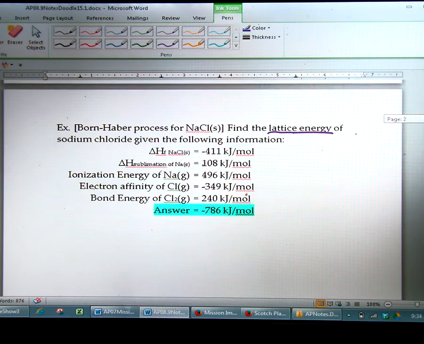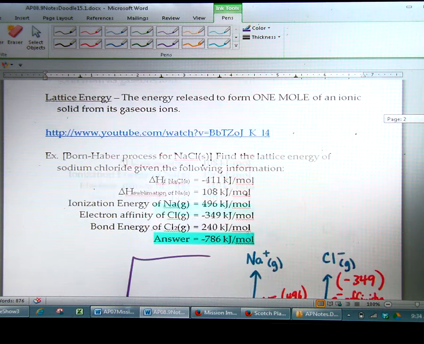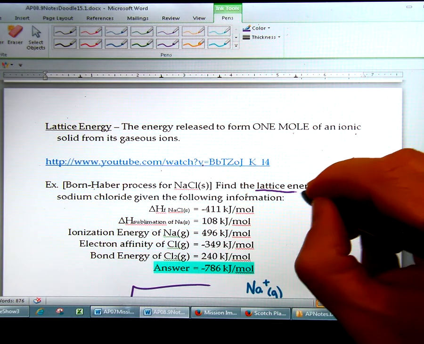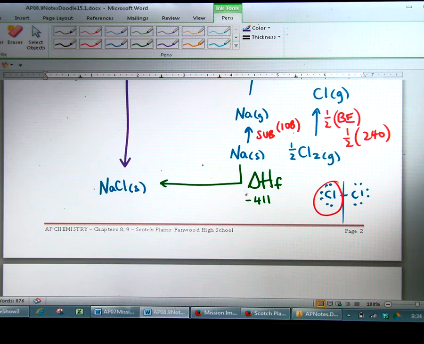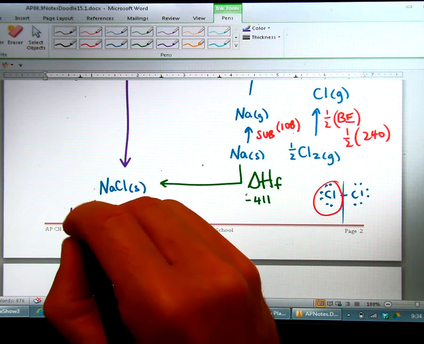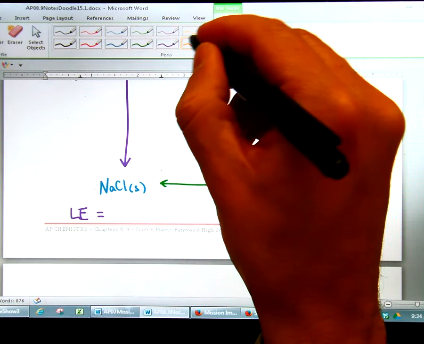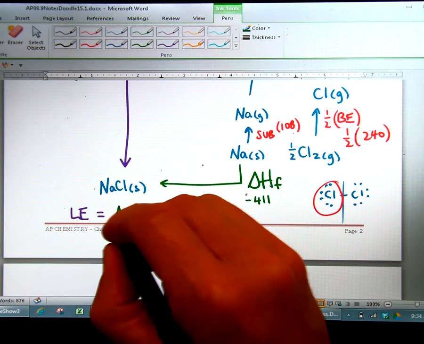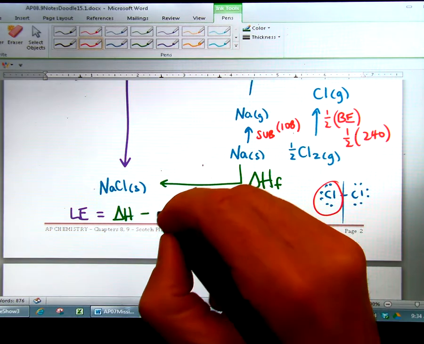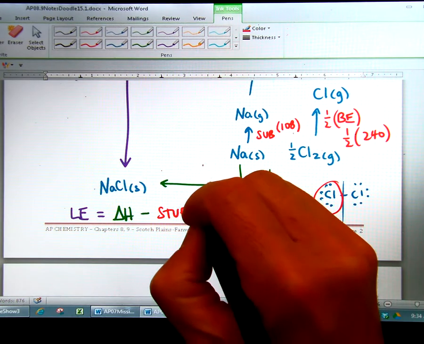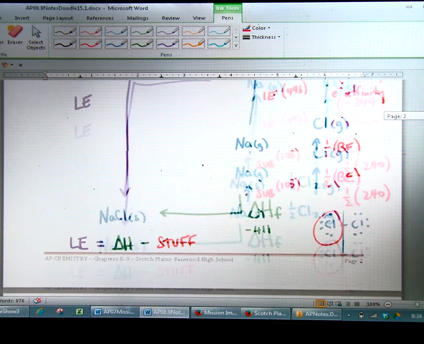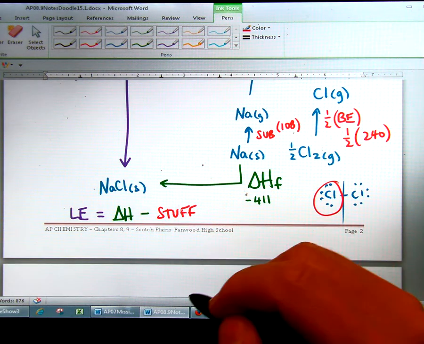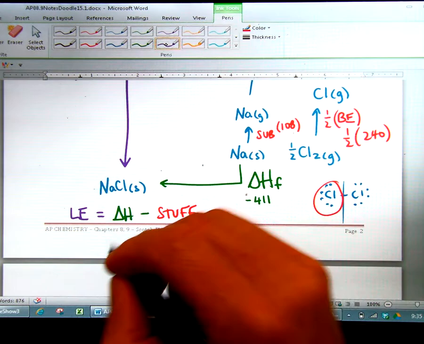So in order to find that, we need to use, whoops, I went to the wrong page, the lattice energy. We are going to use this highly technical equation that lattice energy equals delta H minus stuff. So all the stuff in red is the stuff. You basically have to add all the red together and then take delta H minus that, and you're going to get the lattice energy.